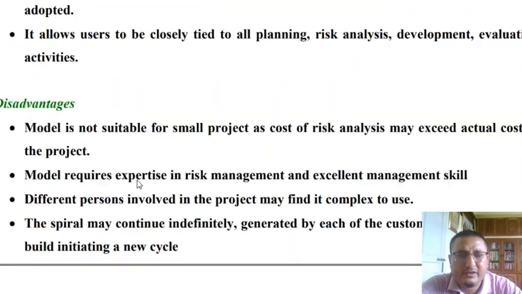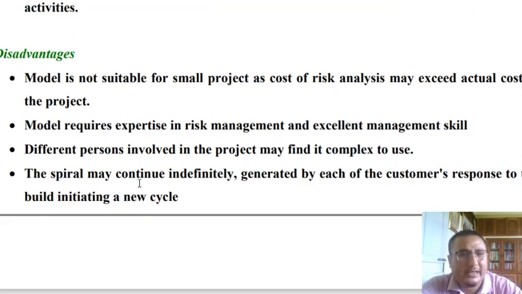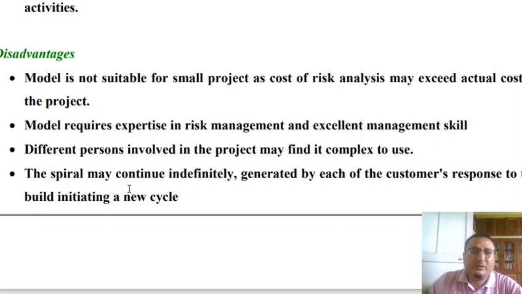Now, let us identify a few of the disadvantages of this model. This model is definitely not suitable for projects of relatively smaller size, as it has very many identifiable phases which are to be executed. In this model, we require expertise for risk management and efficient project management as well.